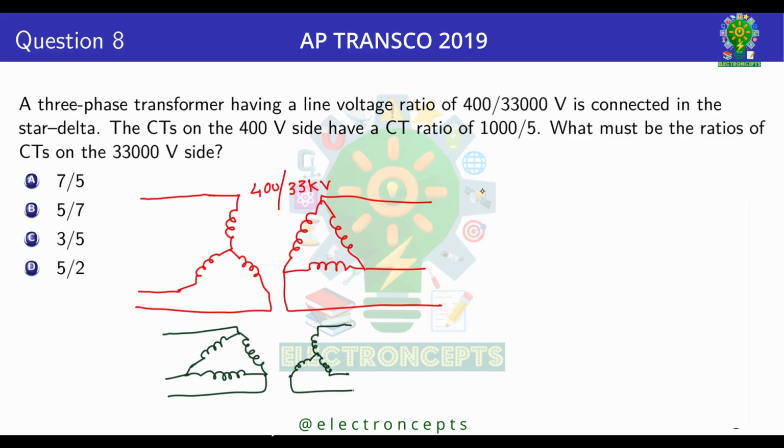Considering equal three-phase powers on both sides, that is primary side power is equal to secondary side power, which is root 3 V primary IL primary is equal to root 3 into V secondary into IL secondary. From this equation, we can write IL secondary is equal to IL primary into V primary by V secondary.